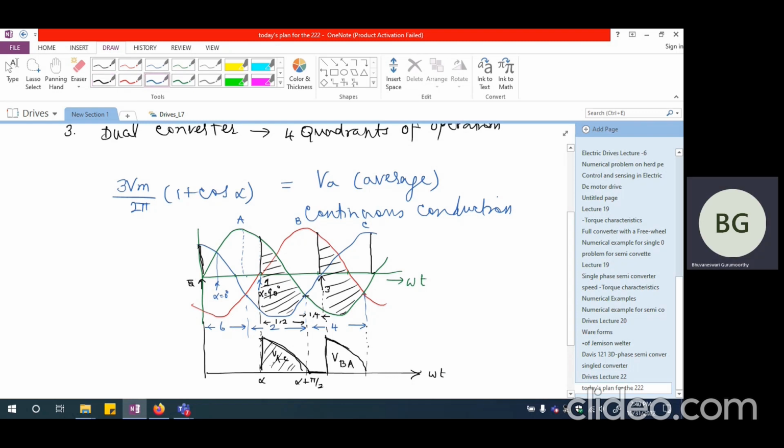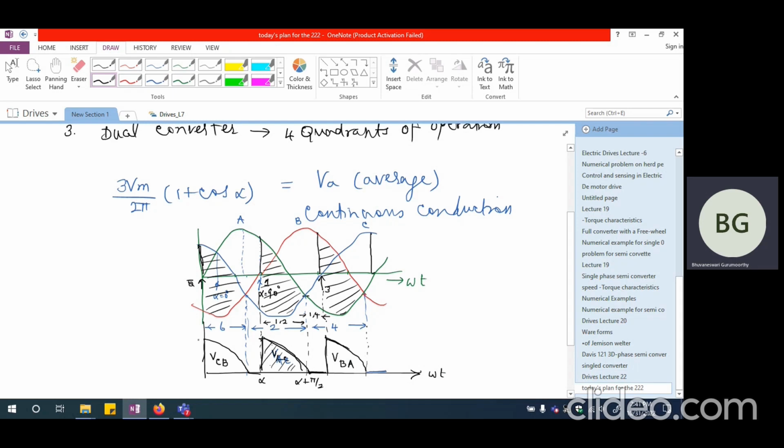So this is VAC, this is VBA, and again I'm going to have 0 voltage coming up here. And during this portion, when 5 is being fired, 5 and 6 are going to conduct together, and that is going to come up as VCB.